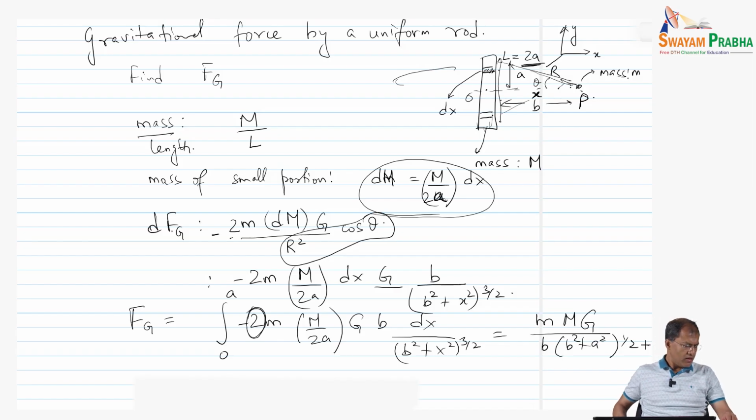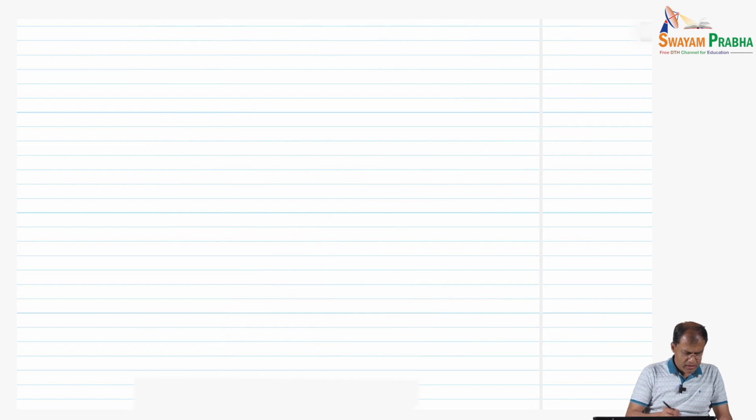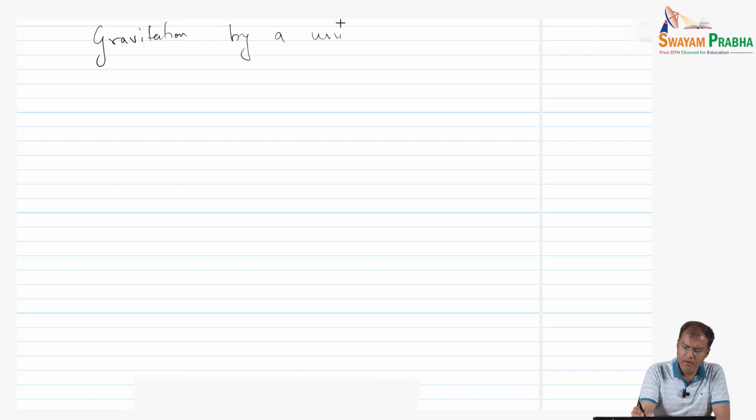So that is the answer as far as the continuous mass distribution is concerned, right? Similarly, we can talk about a continuous mass distribution for a uniform disk. How far have we progressed? Well, we can talk about the gravitational force due to a uniform disk. Gravitation by a uniform disk.